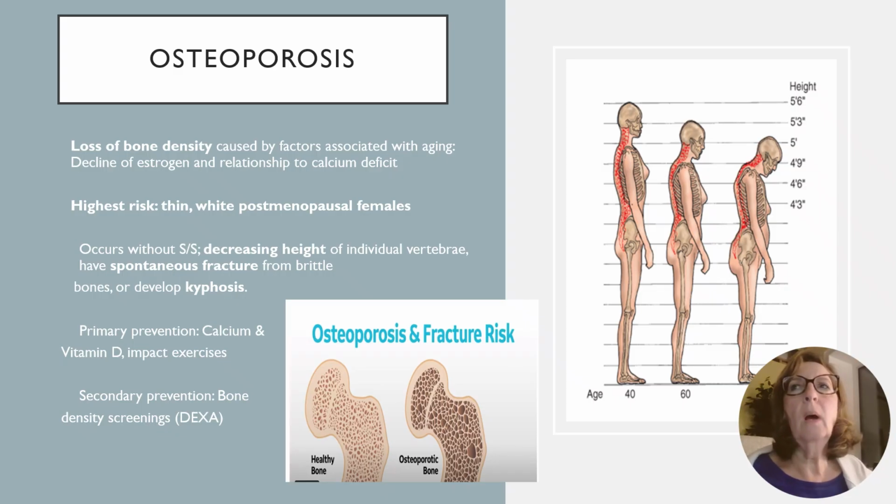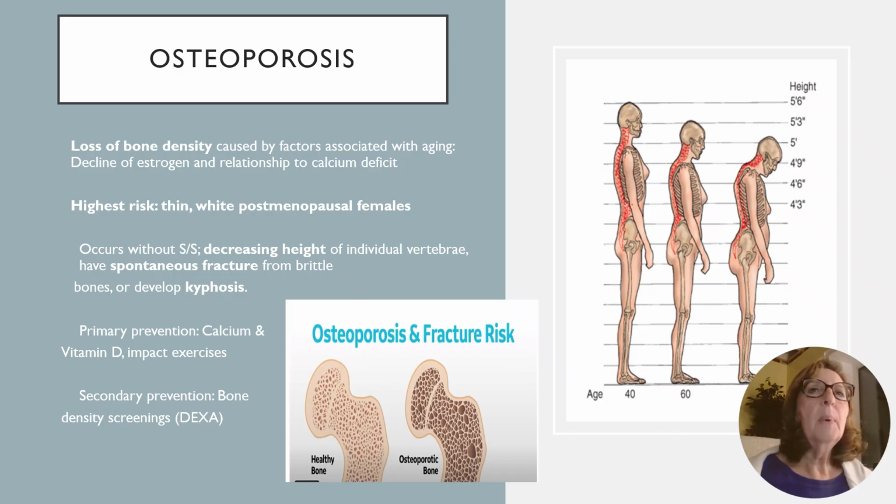So let's talk about osteoporosis, and this is something that happens quite often to usually and primarily white postmenopausal females. What osteoporosis is basically is a loss of bone density caused by a lot of different things. Aging is one, the decline of estrogen post-menopause, and the relationship of the decline of estrogen to a calcium deficit.